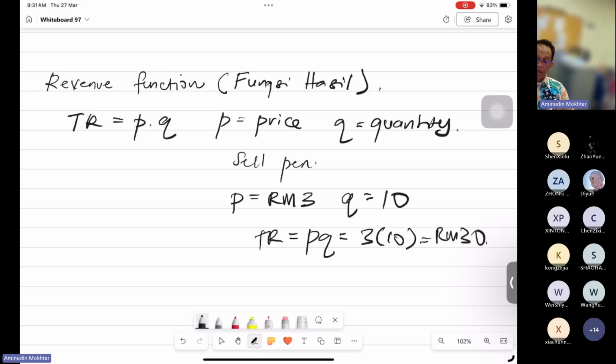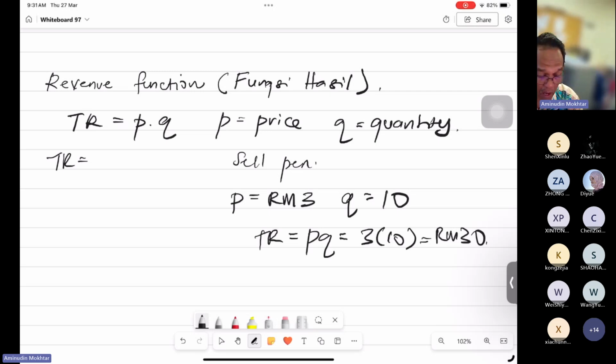Okay. Beside that, the total revenue function can also be written as a function. Let's say TR, for example. What is TR? TR is equal to P times Q. That's correct.